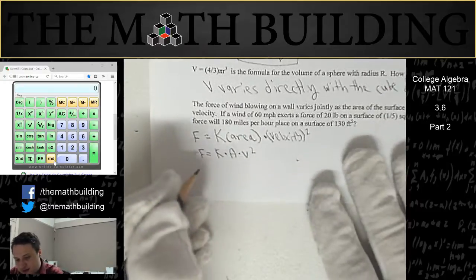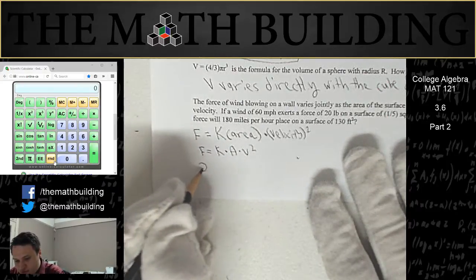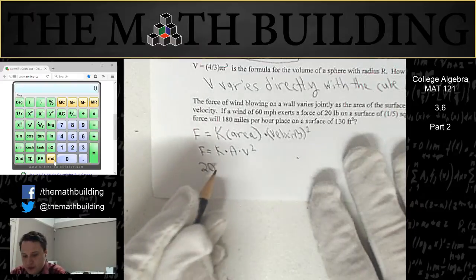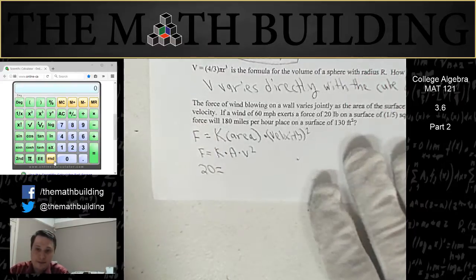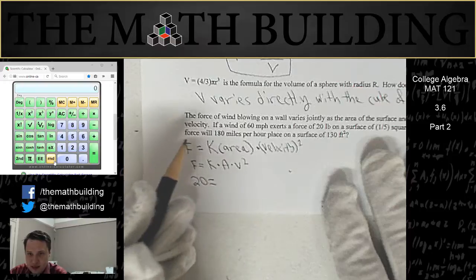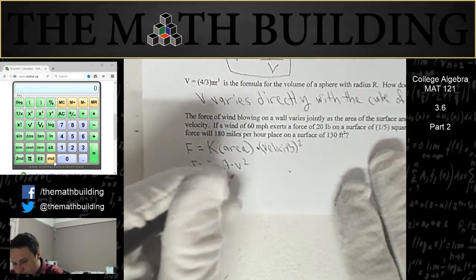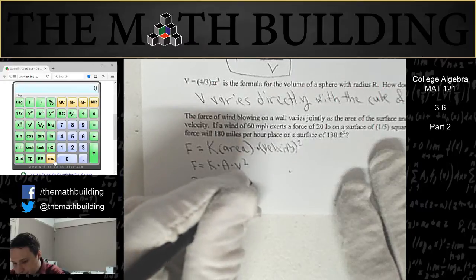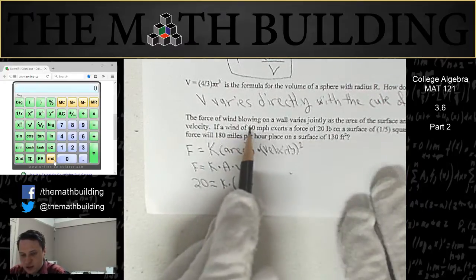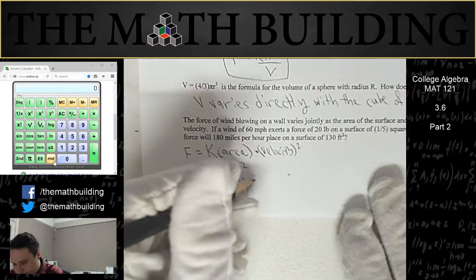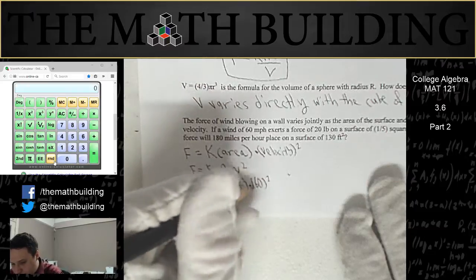So let's calculate it. We have a force of 20. First, we need to solve for k. So we have a force of 20 pounds is the result of 1/5 of a square foot. So we put 1/5 here, times our velocity, which was 60 miles per hour. And that number is going to be squared.